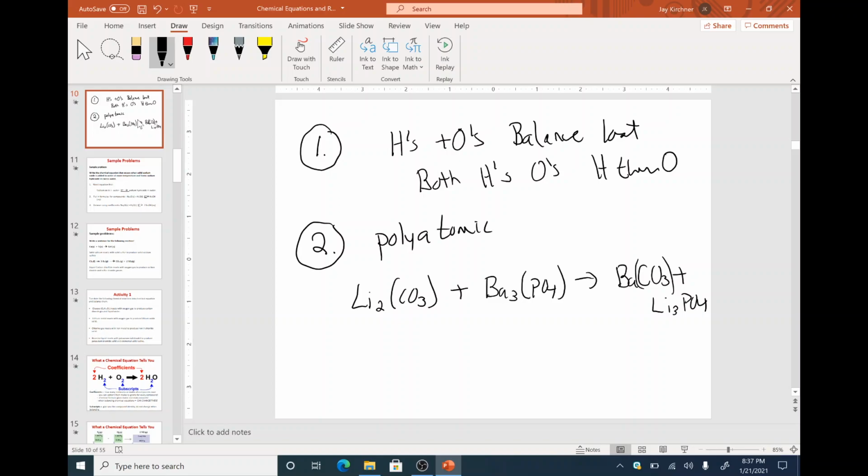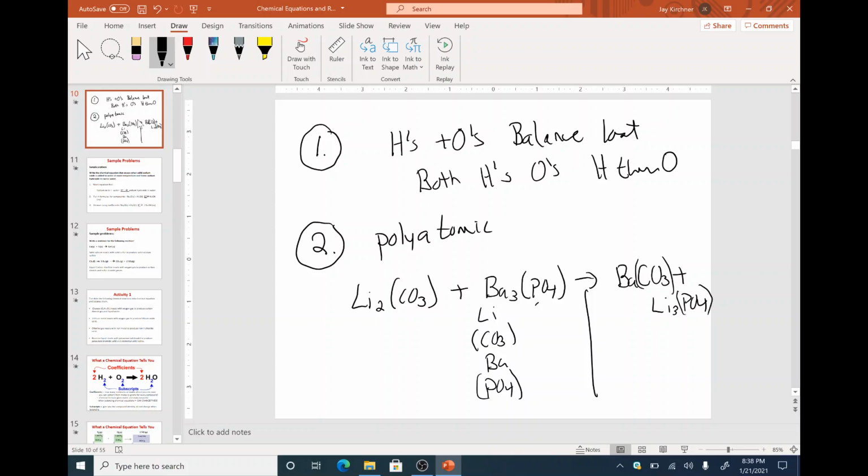You had oxygens in 2 places on both sides of the equation. But do you notice that the CO3 stays as a CO3 and the PO4 stays as a PO4? I want you to simplify this by counting how many CO3s you have. Don't separate it out into carbons and oxygens. Leave them as is. So when you do this one, I want you to list out lithiums, CO3s as a unit, barium as an element, and PO4s. Polyatomic atoms treat as like a single element.